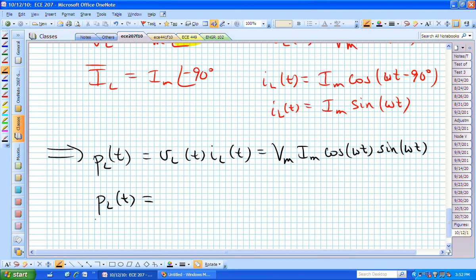Do you remember the sine of 2 omega t? That's 2 cosine omega t times sine omega t. If we use that in the other direction, that's actually just 1/2 sine of 2 omega t.